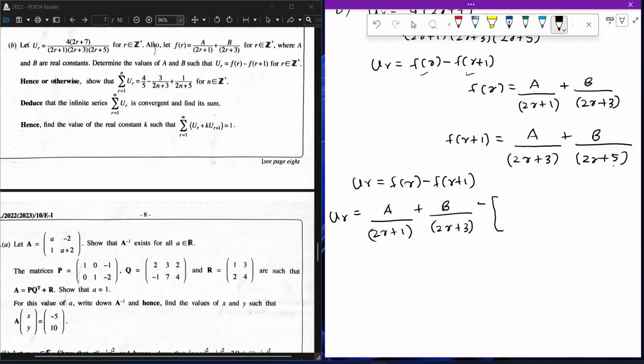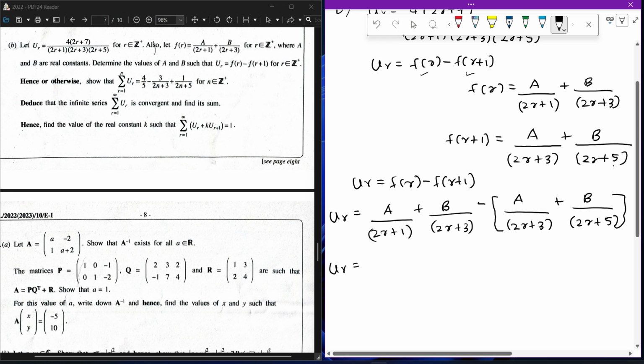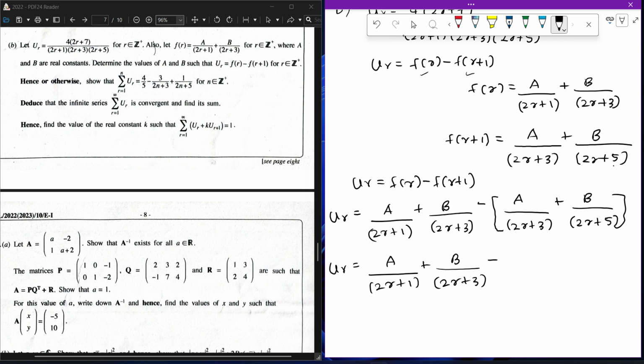So next is a over 2r plus 3 plus b over 2r plus 5. Since we've already simplified them before, we just substitute them in here. Now remove the brackets: a over 2r plus 1 plus b over 2r plus 3 minus a over 2r plus 3 minus b over 2r plus 5.